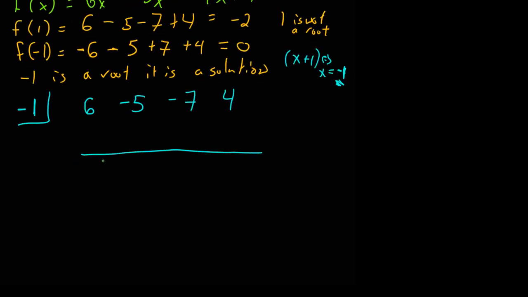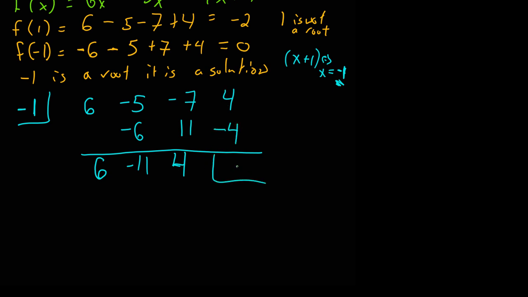So I bring down my 6. Negative 1 times 6 is negative 6. Negative 5 and negative 6 is negative 11. Negative 1 times negative 11 is positive 11. Negative 7 plus 11 is positive 4. Negative 1 times positive 4 is negative 4.